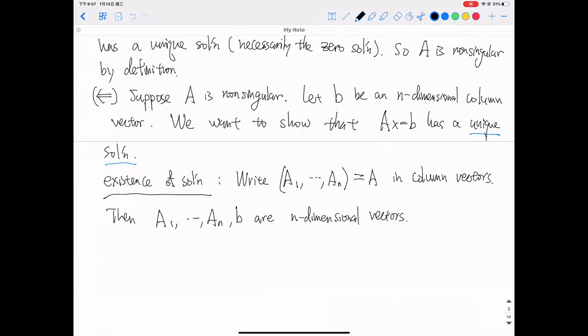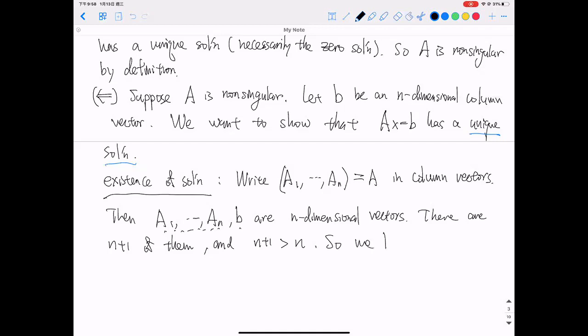How many do we have? There are n plus 1 of them, right? A1 through An together with B. And n plus 1 is surely bigger than n. So you have more vectors than n.